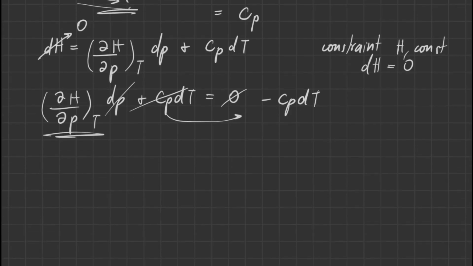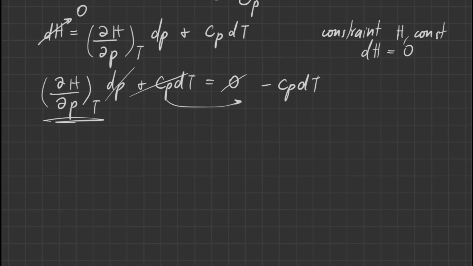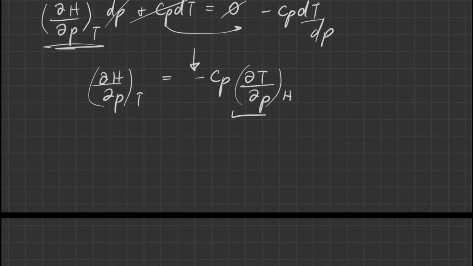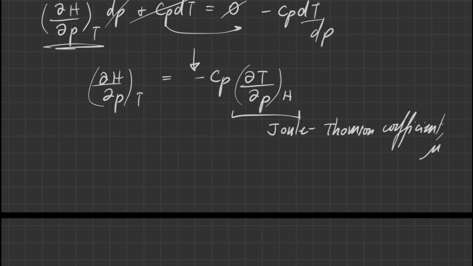Dividing by dP gets rid of dP on the left side, and then dividing by dP on the right results in the following: partial T with respect to P at constant H. This term is a recognizable quantity, and it is called the Joule-Thomson coefficient, which is denoted by mu.